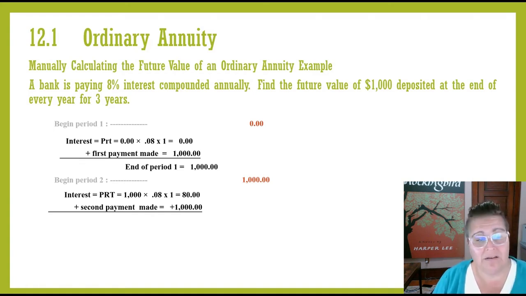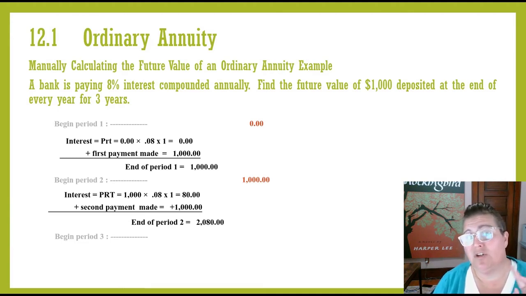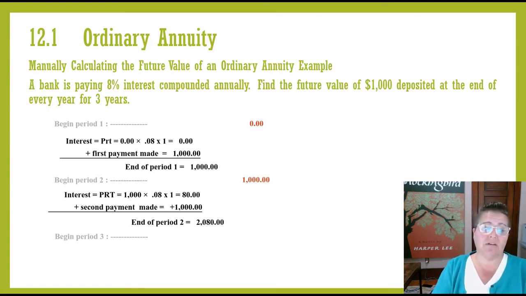So at the end of the second year, we put $80 into the account and we make a second payment of $1,000. So now, at the end of the second period, there is $2,080 in that account. The $2,000 are the two $1,000 payments we've made. The $80 is the interest that was earned in the second year.